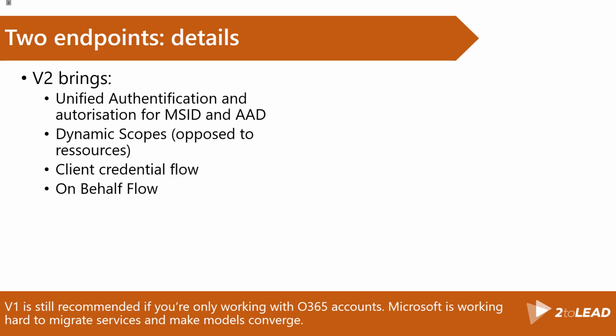So, around the detail for V2. V2 brings lots of things. First and foremost, a unified authentication between MSID, so accounts like your Hotmail accounts, or MSN. I don't know if you remember MSN Messenger, or your Xbox account, basically the personal sphere of Microsoft services, and AAD, which is the professional or educational sphere of Microsoft.